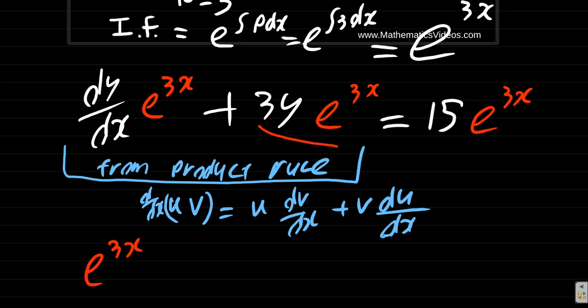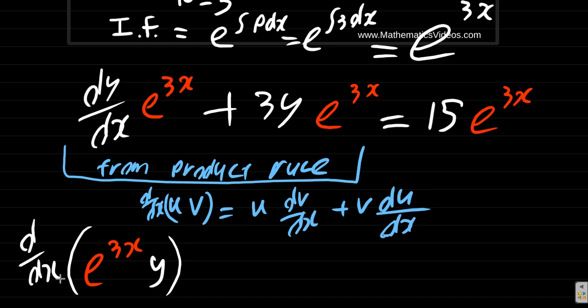Now what happened here? It seems like you hold y as it is and differentiate e to the 3x, because if you differentiate e to the 3x, you have 3e to the 3x. So the other member of that product is y. So you found the derivative with respect to x of e to the 3x times y.